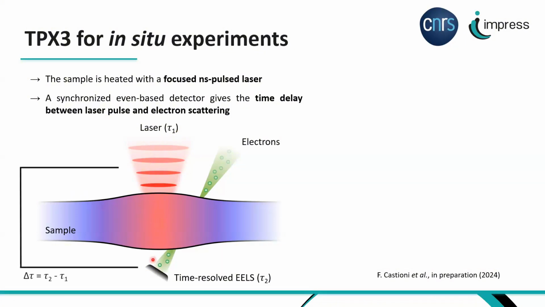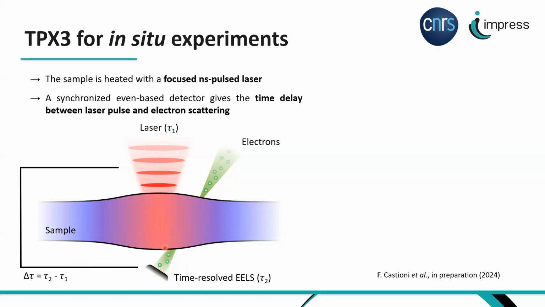And because we have the Timepix3 detector, we can know the excitation time, or the heating time, T1, because we can time-tag our laser. And then we can know when an electron scatters, using the Timepix3. So we know the time delay between this electron event and the heating event. And because we have many spectroscopic signatures that shift as a function of temperature, we can track the local sample temperature.